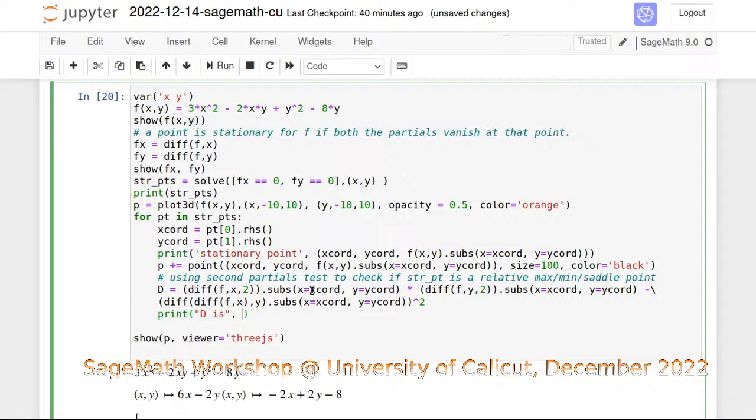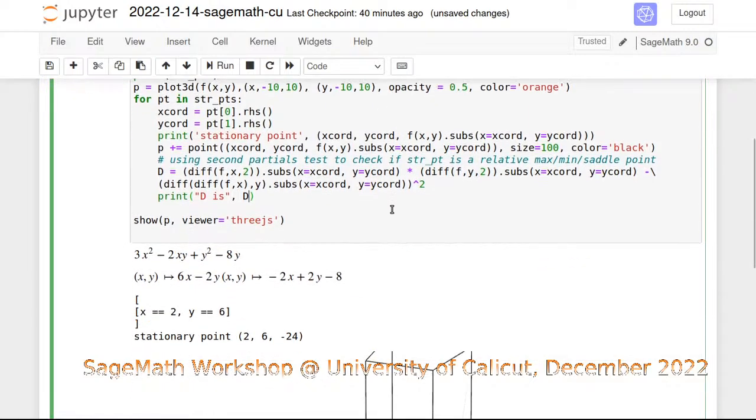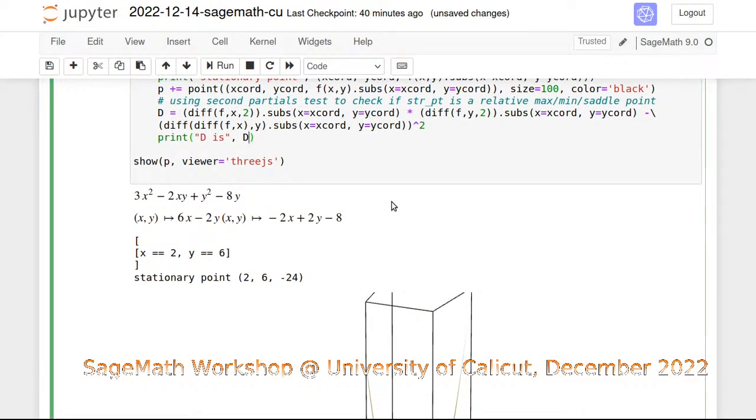So what is the value of D? And what is the value of fxx? So evaluated using fxx, the value for which we already have written code.